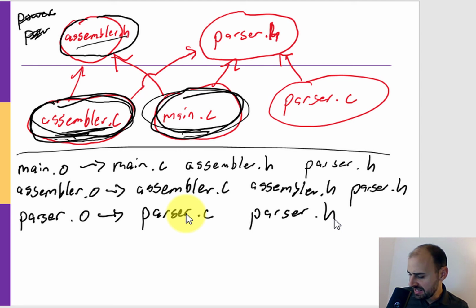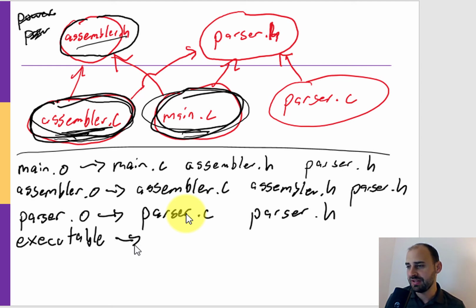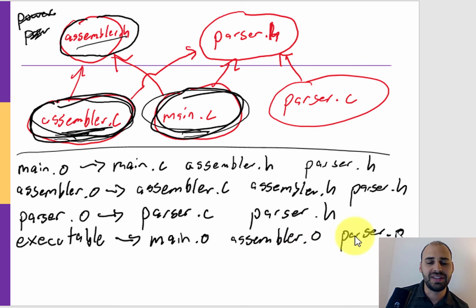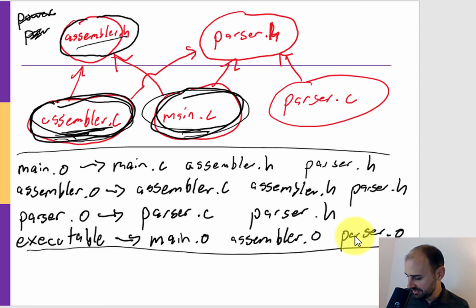And then lastly, we need to run the linker step. The linker step needs to be updated if any one of the object files changes. If any of the object files change, we need to relink everything together into a new executable. So this last step here is really the linker step.